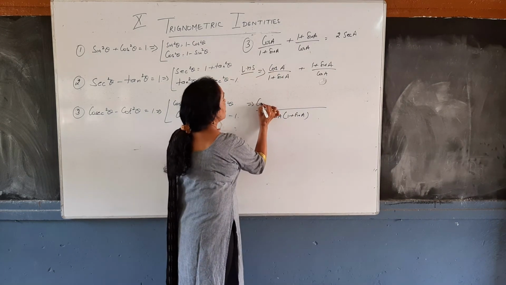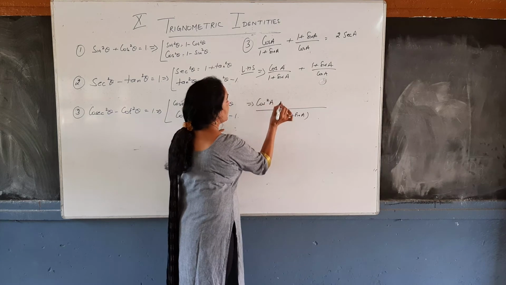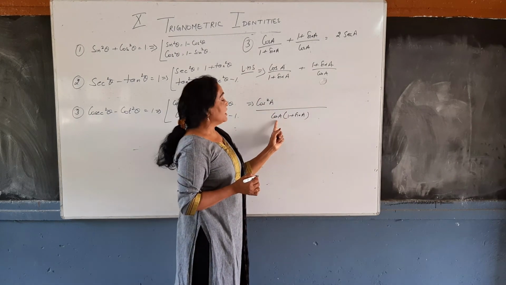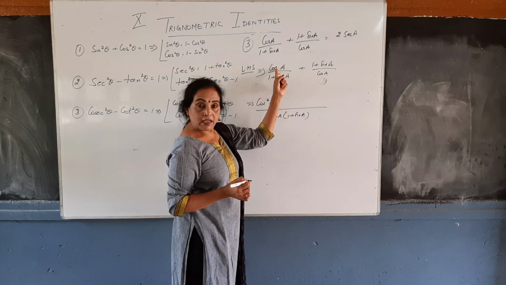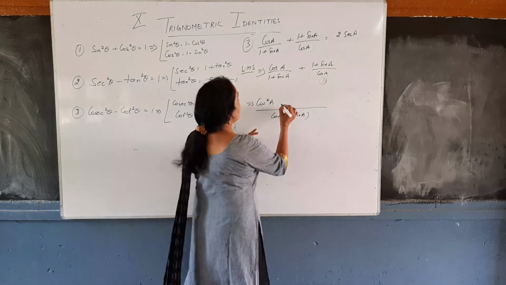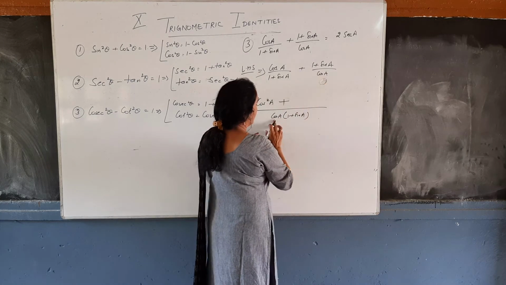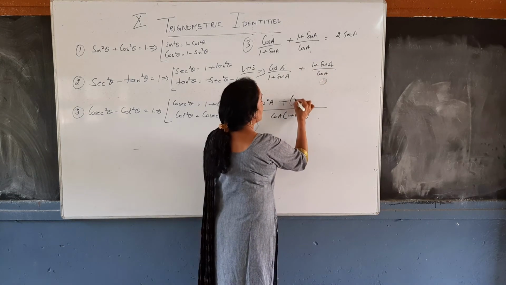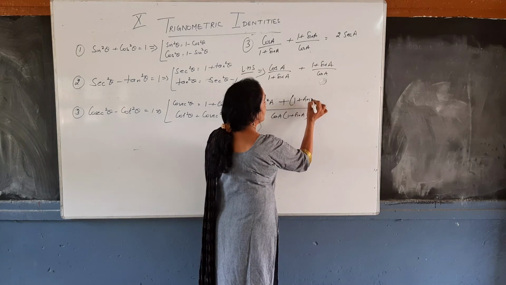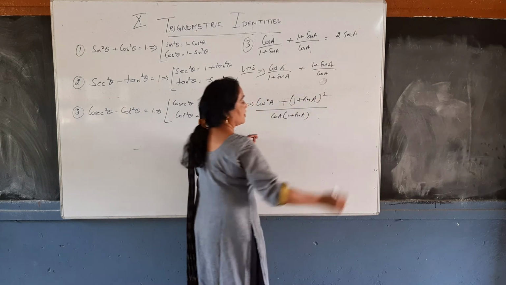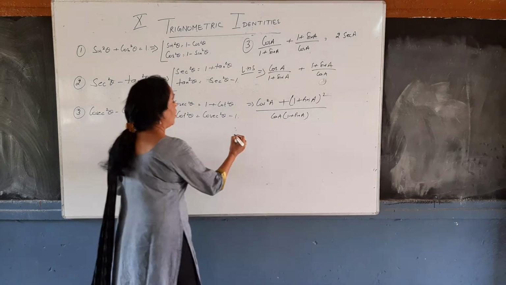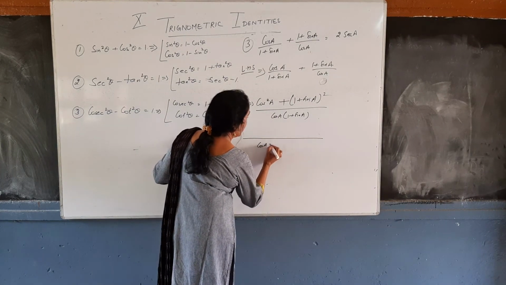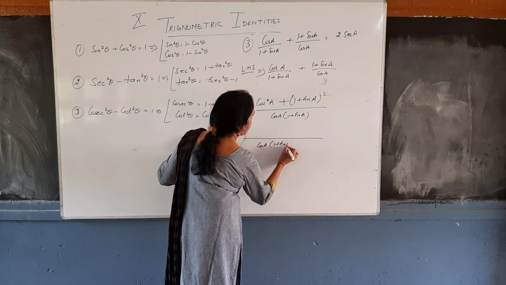So you will get here cos square A. Similarly, cos A cancels cos A, remaining is 1 plus sin A, that will multiply here. So you will get here 1 plus sin A whole square, upon the denominator, that is cos A into 1 plus sin A.